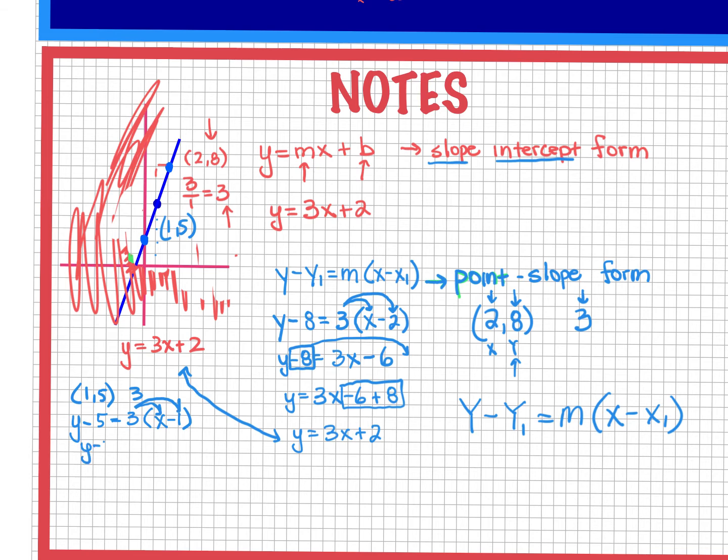So y minus 5 equals 3x minus 3. I'm going to take this negative 5 and put it all the way over there. And I get y equals 3x minus 3 plus 5. y equals 3x plus 2. Oh, look, I got to the same equation.